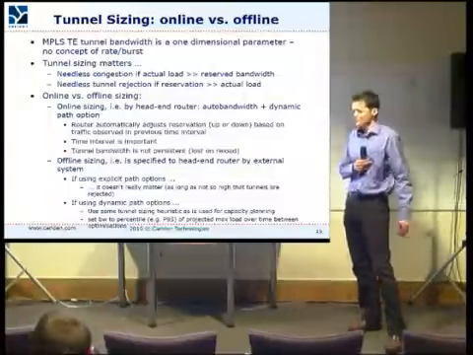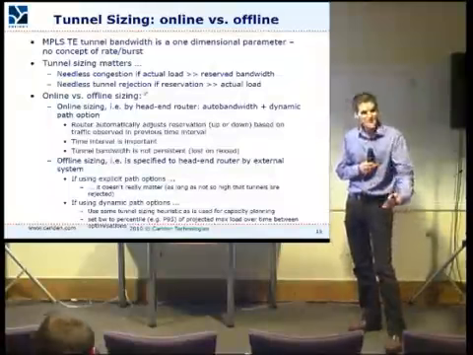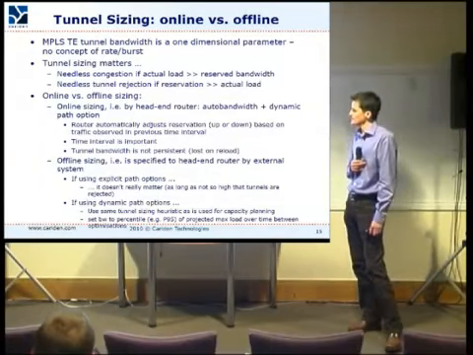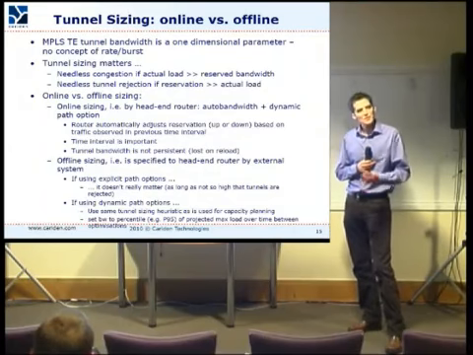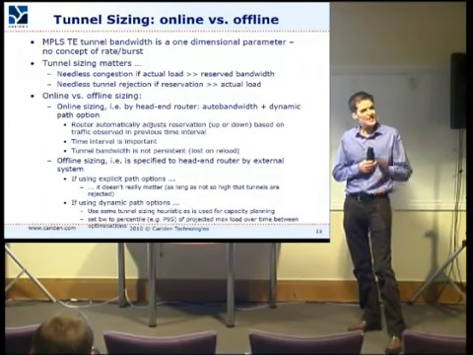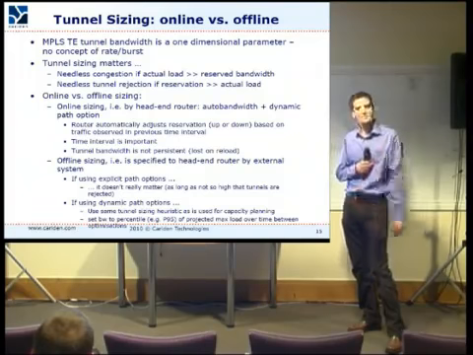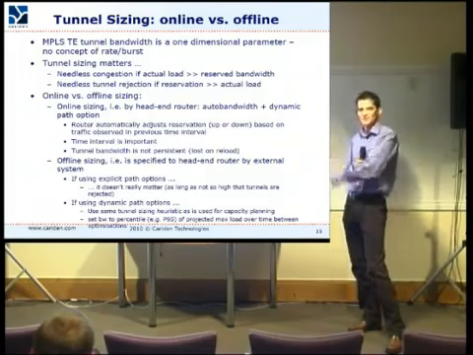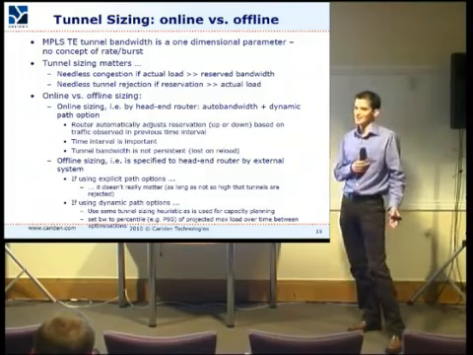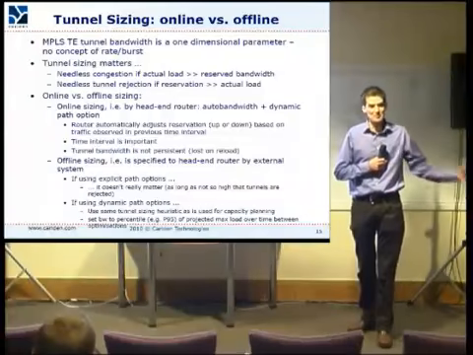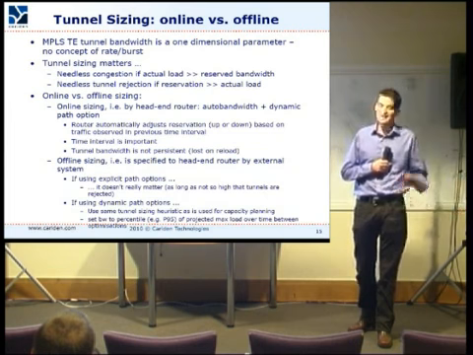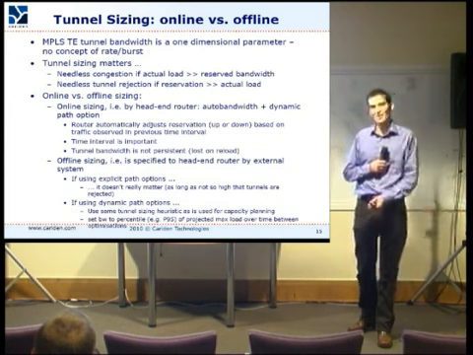And then the other approach is to have something offline that tells the head-end routers what bandwidth the tunnels should be. Now, if you're using explicit path options, if you're telling the router the path tunnels take, it doesn't matter. Because if you're saying, for this tunnel, go from A to B to C to D, it doesn't matter whether you're setting that tunnel to be 10 meg, 100 meg, 300 meg, because you've set the path. And the function of the tunnel bandwidth is just so the router can calculate the path.